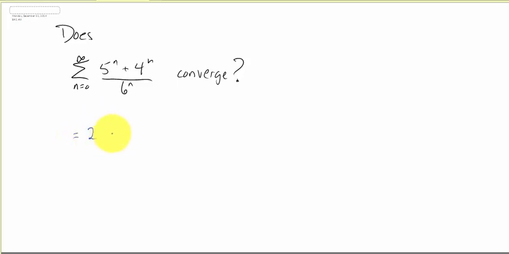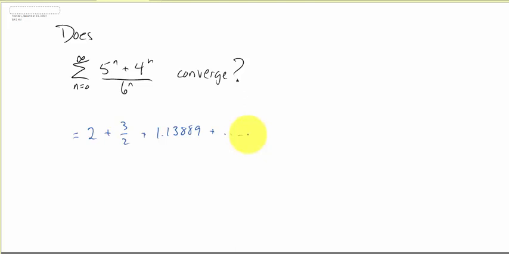We get 2 plus 3 halves plus... and if you're looking at these terms, you're going, no, that is not geometric. There is no common ratio. That does not converge. But that's actually not correct, guys.